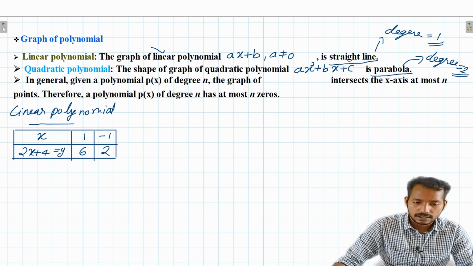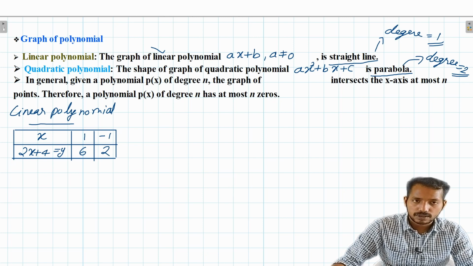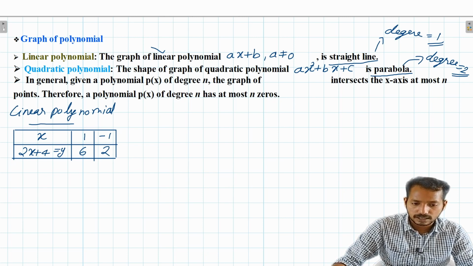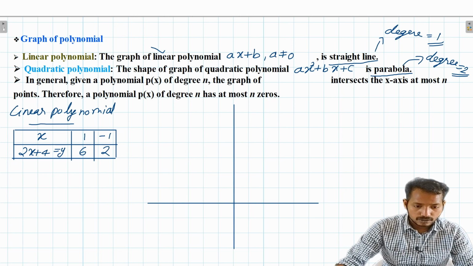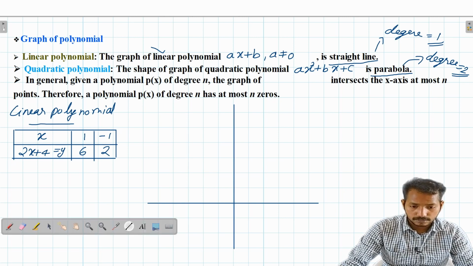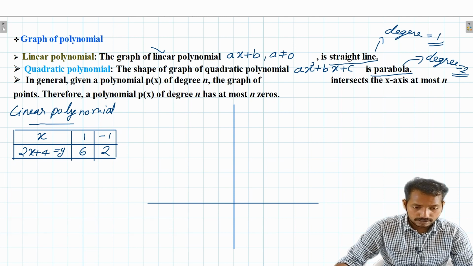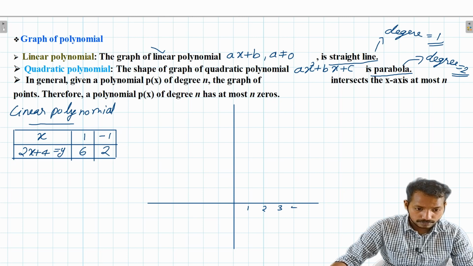So we already learned how to draw the graph of linear equations. By using the same concept, we can also draw the graph of a linear polynomial. So we have a coordinate system. I have drawn 2 axes, and let's mark the values 1, 2, 3, 4, 5, and minus 1, minus 2, minus 3, minus 4.